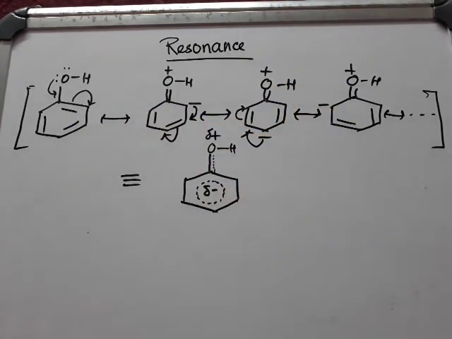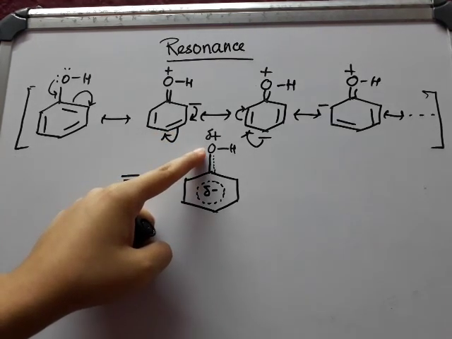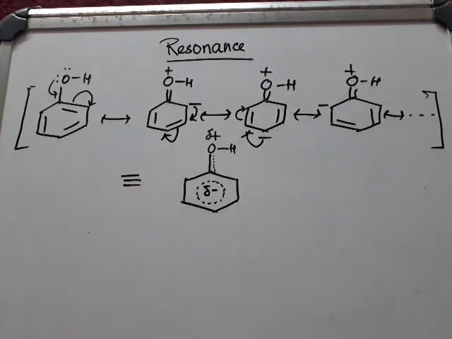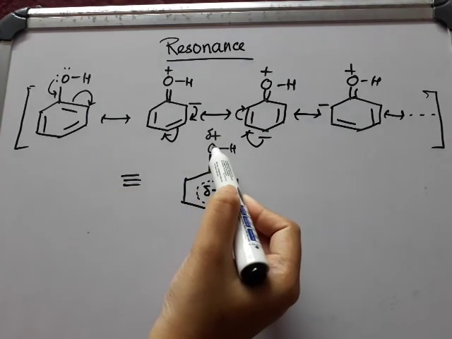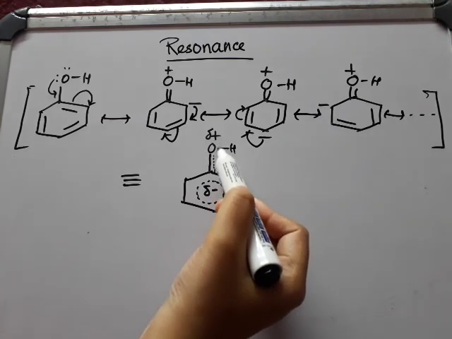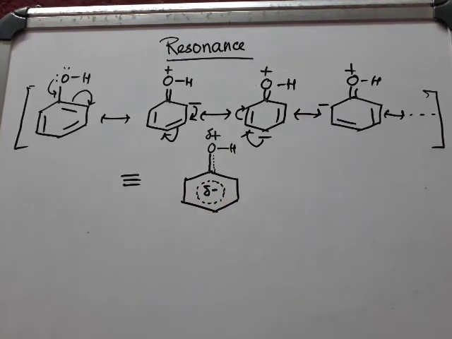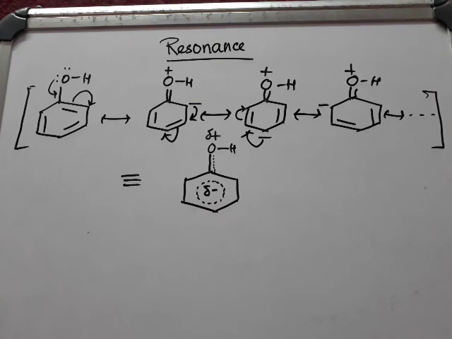So we all know that oxygen is an electronegative element, and an electronegative element cannot hold a positive charge. That's why the bonding electron pair between oxygen and hydrogen will be more shifted towards oxygen, and that's why this bond is very weak and helps in ionization of this H plus in solution. That's why phenol is acidic in nature. So in terms of resonance, we can explain many properties of compounds like this. So, this is all about resonance.